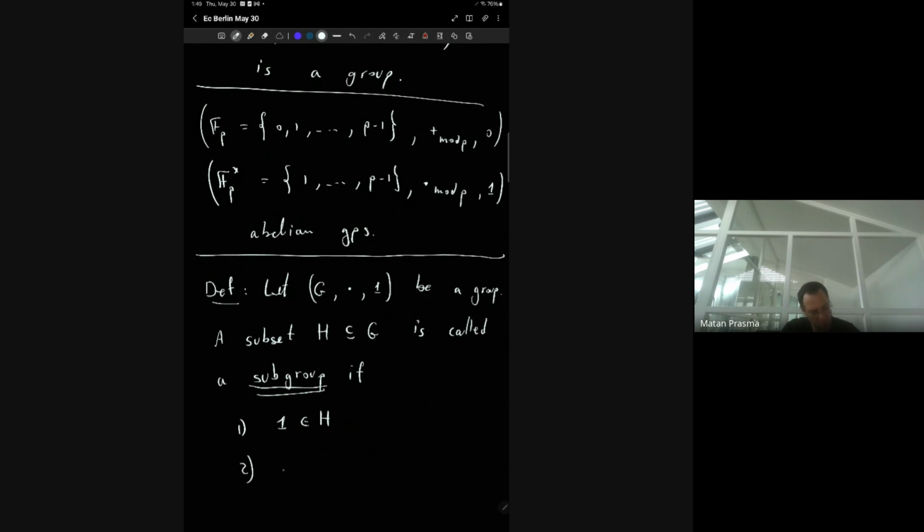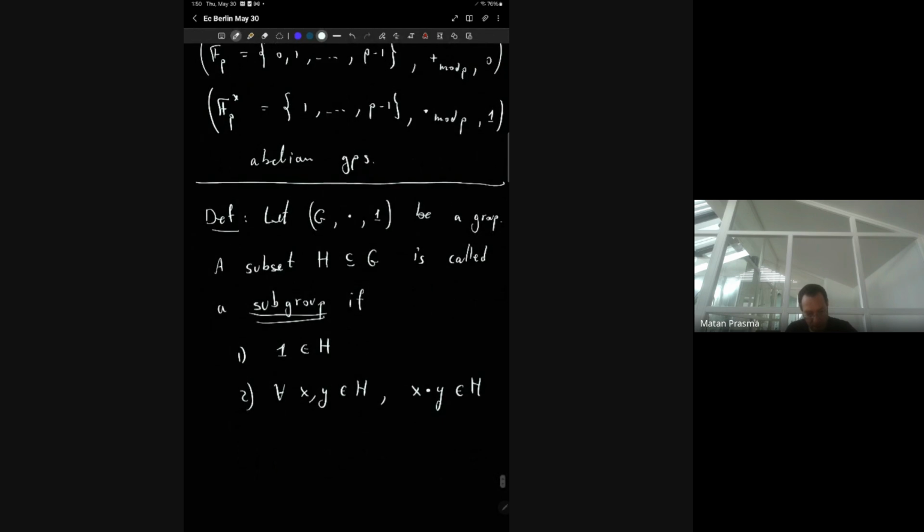Two, for any x and y in H, x times y is also in H. A priori, all we know is that x times y is in G. But the condition for a subgroup requires that when you multiply any two elements in the subset, it remains an element in the subset.